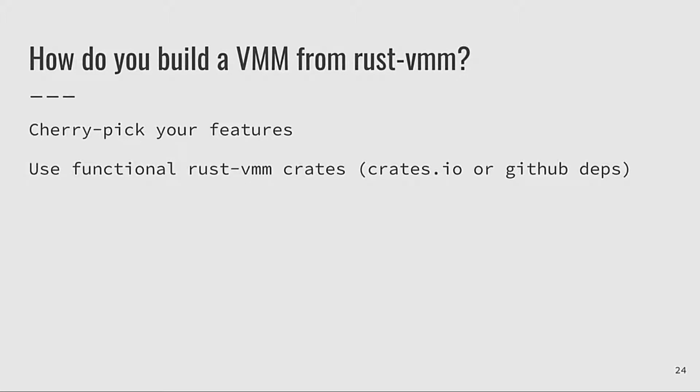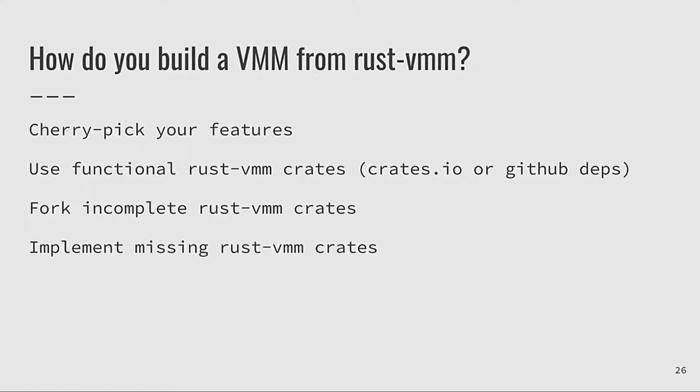So you can use functional Rust VMM crates directly from crates.io for those who are published on crates.io, or as a GitHub dependency, and I will show that as an example also later. Some of the Rust VMM crates are incomplete, or sometimes people think they're complete, but they're missing one specific feature that you need. So you would fork those Rust VMM crates into your local VMM repo or some personal repo.